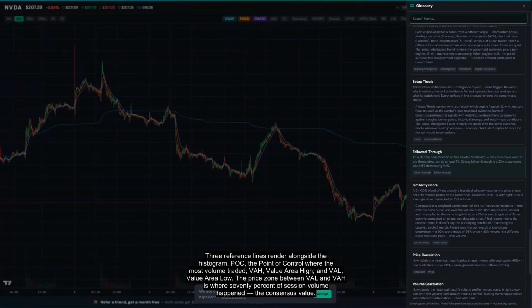Three reference lines render alongside the histogram. POC, the point of control where the most volume traded, VAH, value area high, and VAL, value area low. The price zone between VAL and VAH is where 70% of session volume happened, the consensus value.